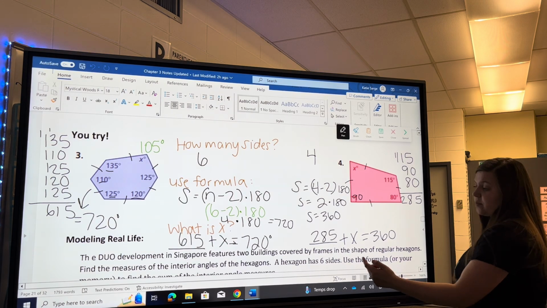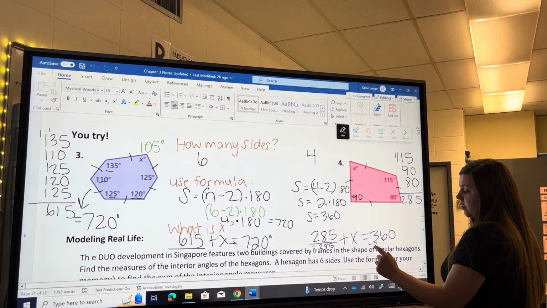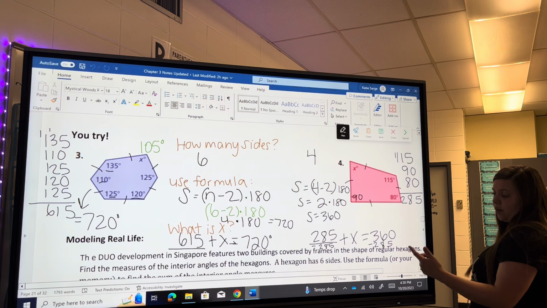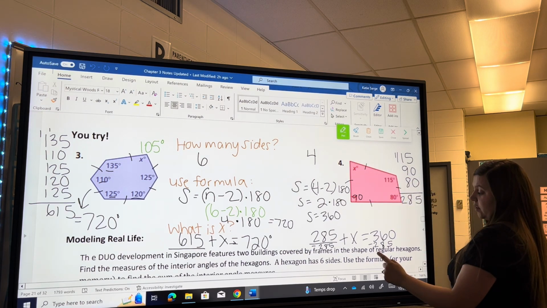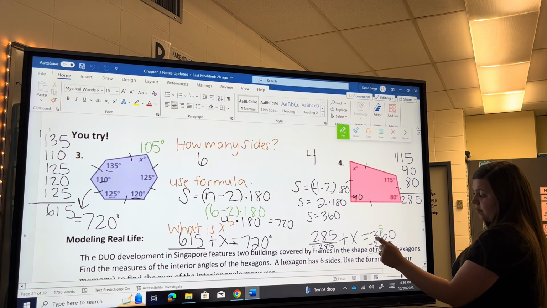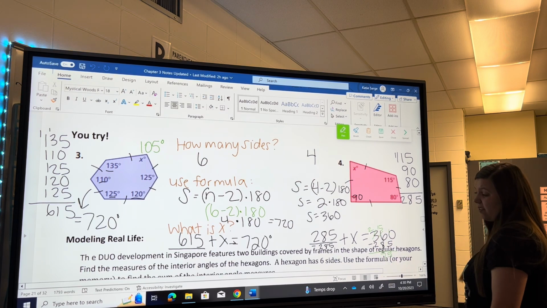So to solve this, we need to subtract 285 from 360 and figure out what we've got. 75?